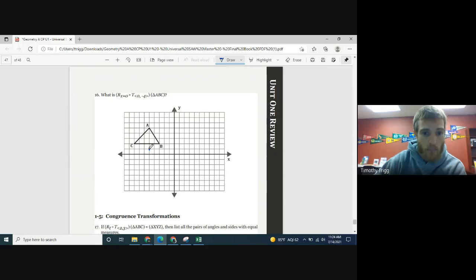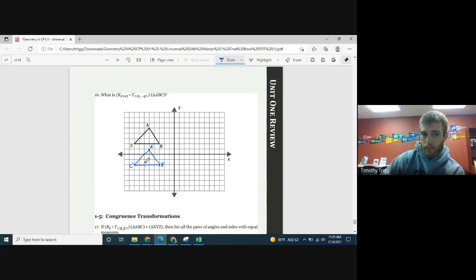So this is where A prime is going to be. And then B also translates down 4. 1, 2, 3, 4. Every point is going to do that same translation. Same as C. 1, 2, 3, 4. Go ahead and connect those points.